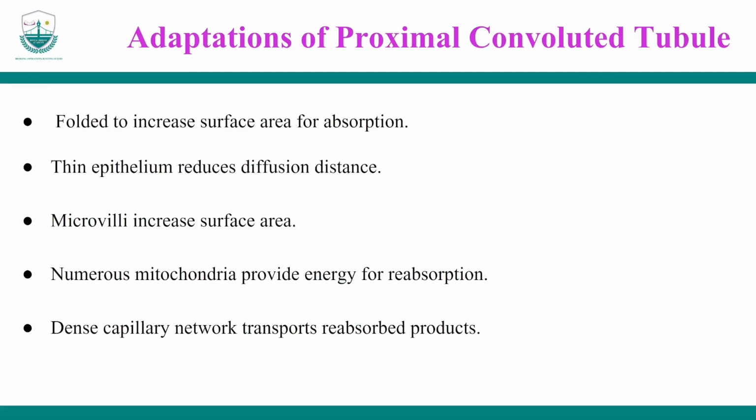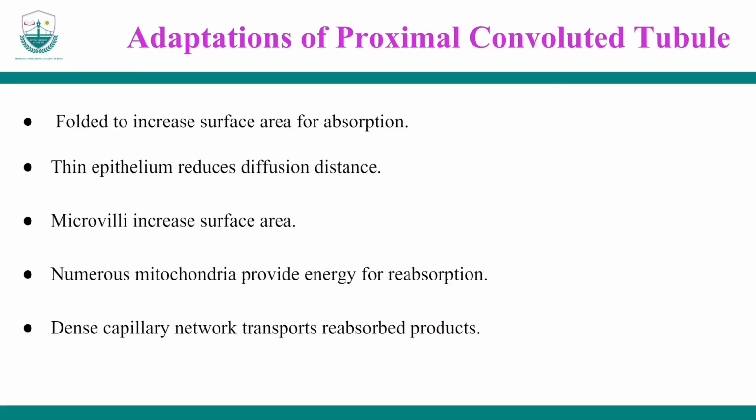So the proximal convoluted tubule is able to get what is required by the body through what you call selective reabsorption, because it has features. One, it has a highly folded lining, and this increases the surface area for absorption. It has a thin epithelium, which means that the distance for diffusion of these ions and nutrients is very short.